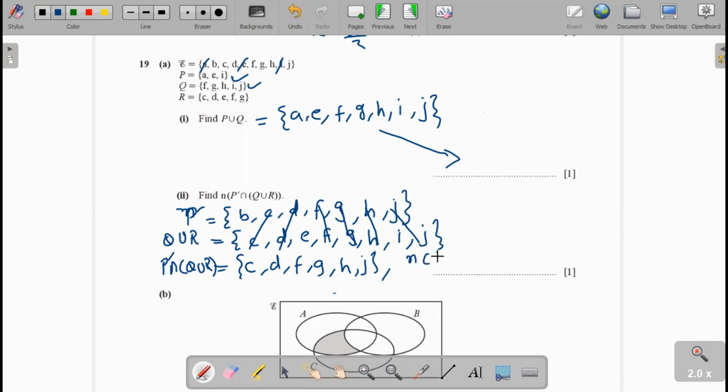And now n of P dash intersection Q union R is equal to 6. The 6 is the answer.